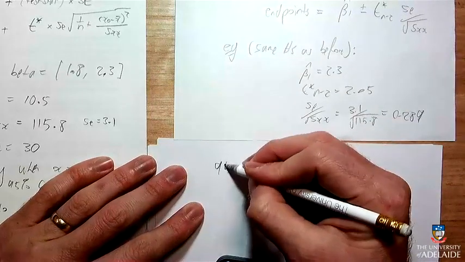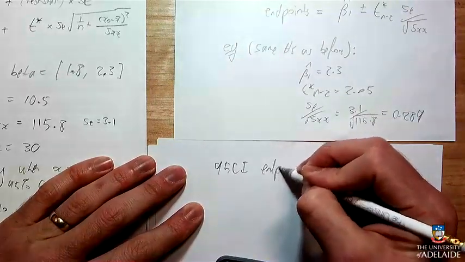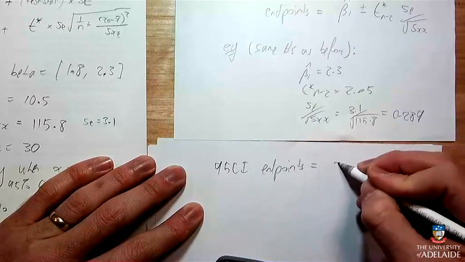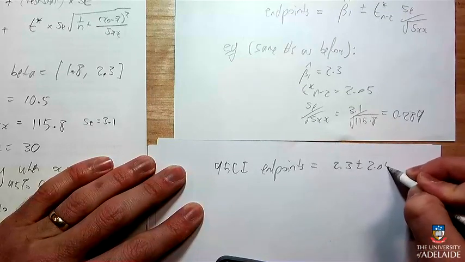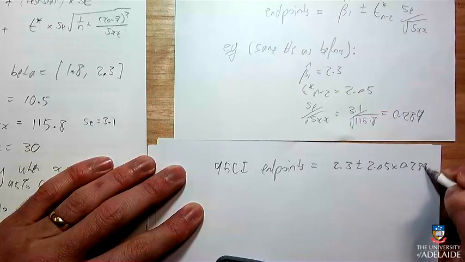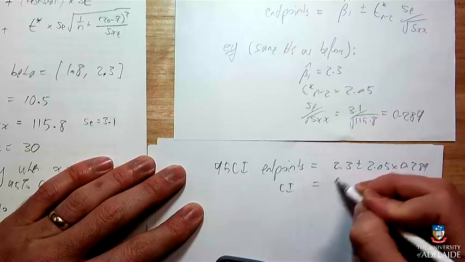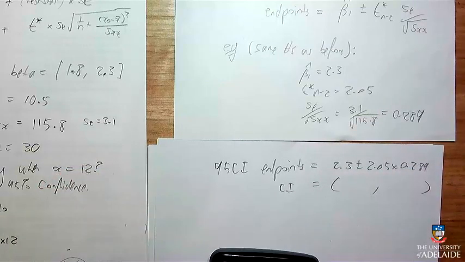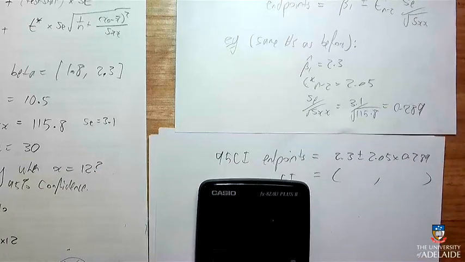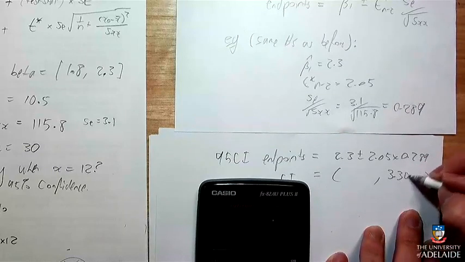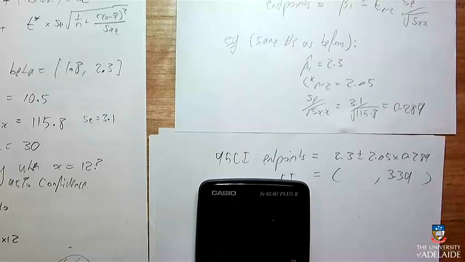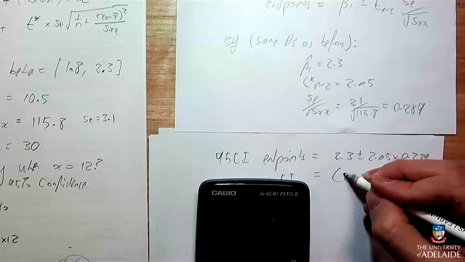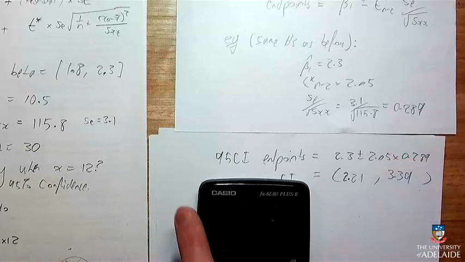And so the 95% confidence interval endpoints are 2.3 plus or minus 2.05 times 0.289. And so my confidence interval will be two numbers. There you go.